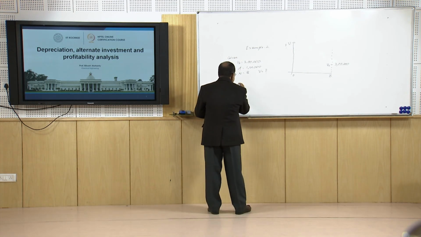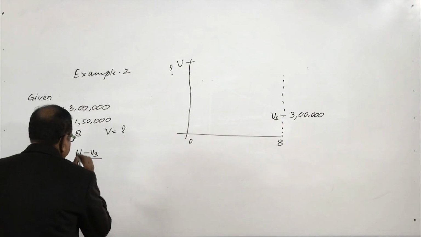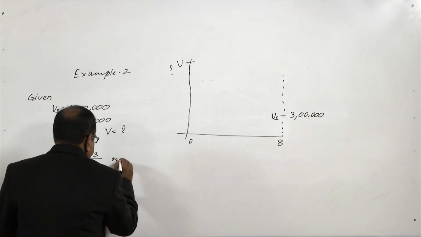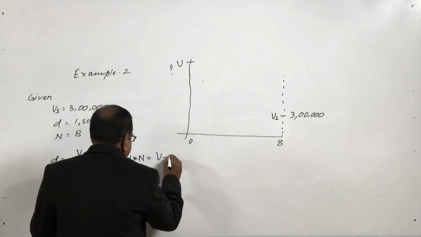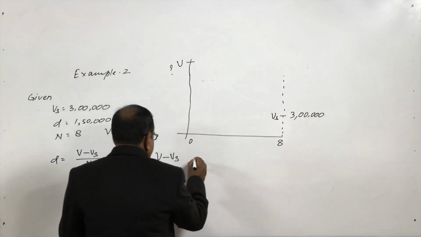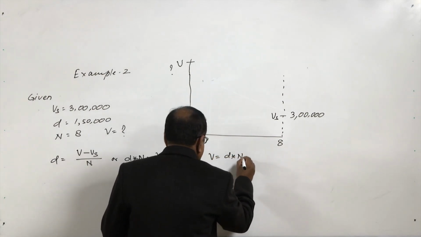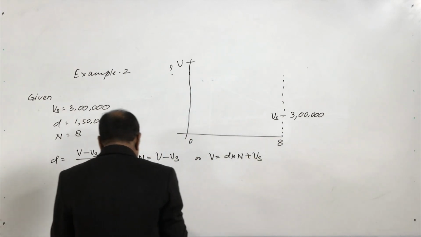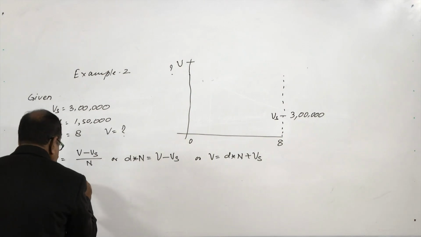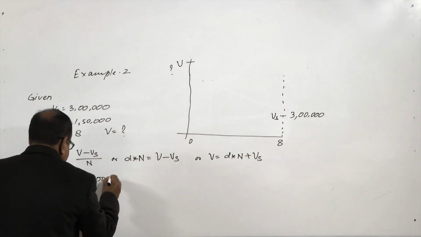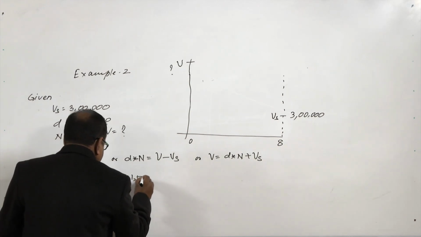Now, we know that D is equal to V minus Vs divided by N, or D into N is equal to V minus Vs, or V is equal to D into N plus Vs. So, when we put these values, V is equal to 3 lakh plus 8 years into 1,50,000.